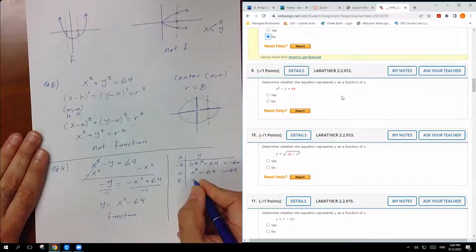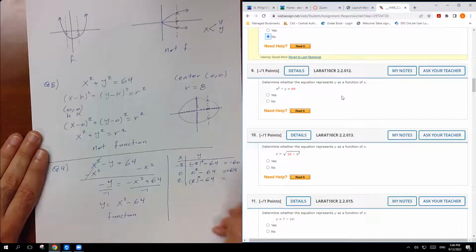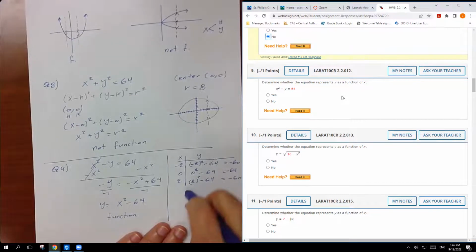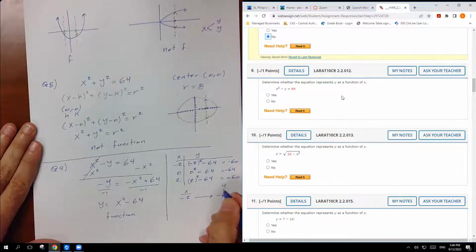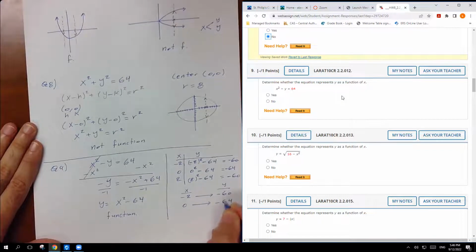Plug in 2, it's going to be 2 squared minus 64, the same thing, -60. We found out the first x, -2, goes to -60, which is the y. The second x, 0, goes to -64. And the third x, 2, goes to -60.